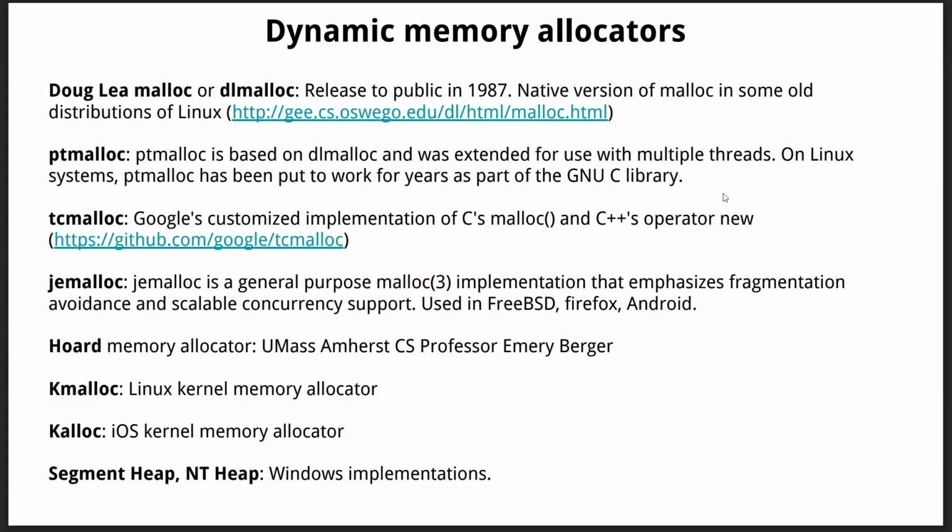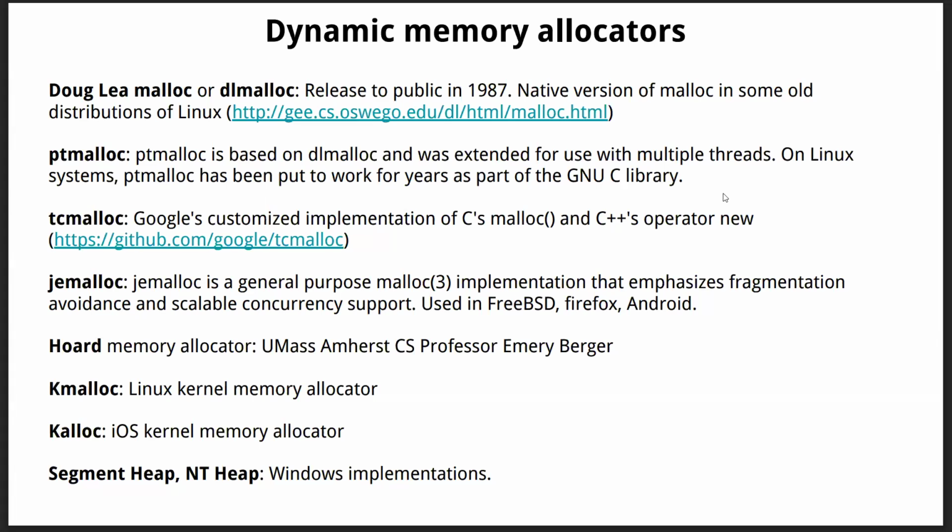It was based on dlmalloc and extended for multi-thread support, and it's part of the glibc library. Google has implemented their own version of malloc, called tcmalloc. If you took CS3650, you developed your own malloc and free as well.